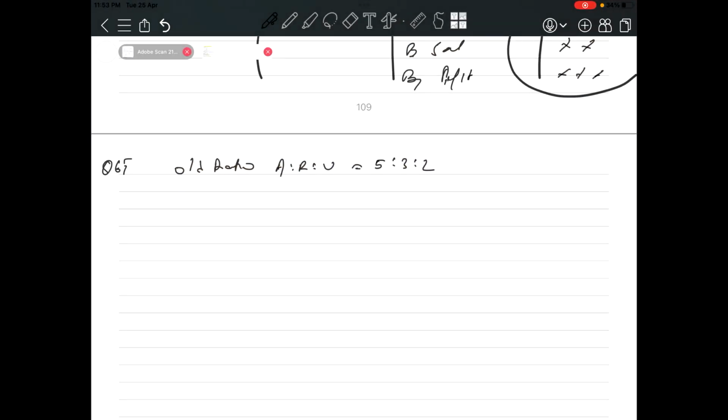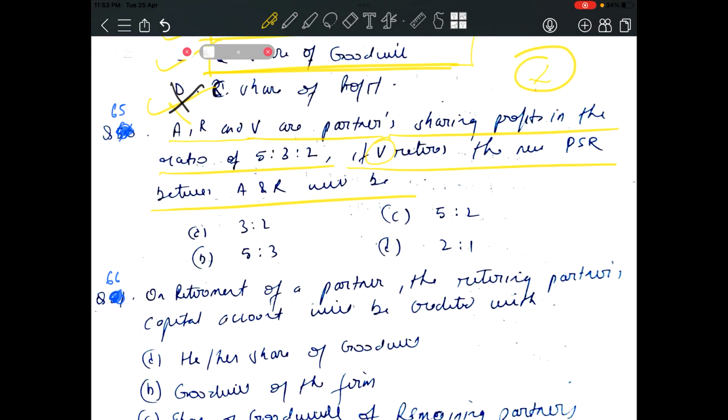The question is asking us the new profit sharing ratio. So what is the simple answer? If V retires, nothing is given regarding the new profit sharing ratio or sacrificing or gaining ratio. So what will be the new ratio? It will be 5:3. Simple. This is the right answer.